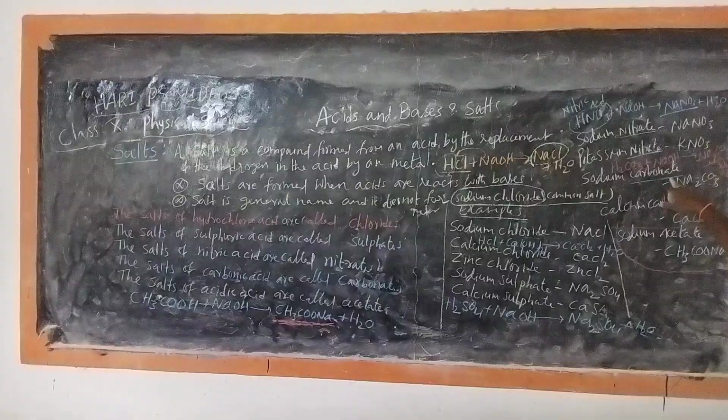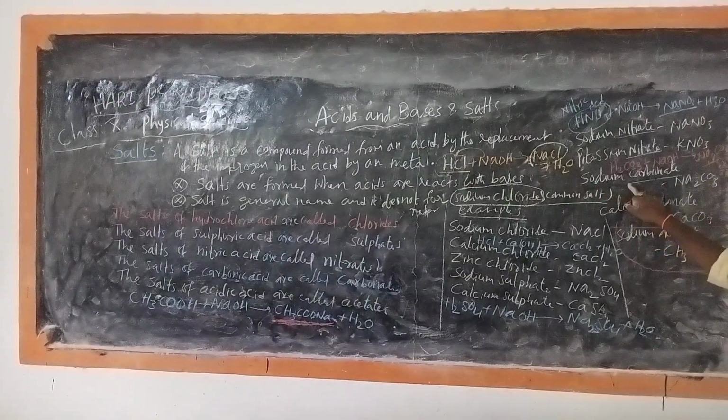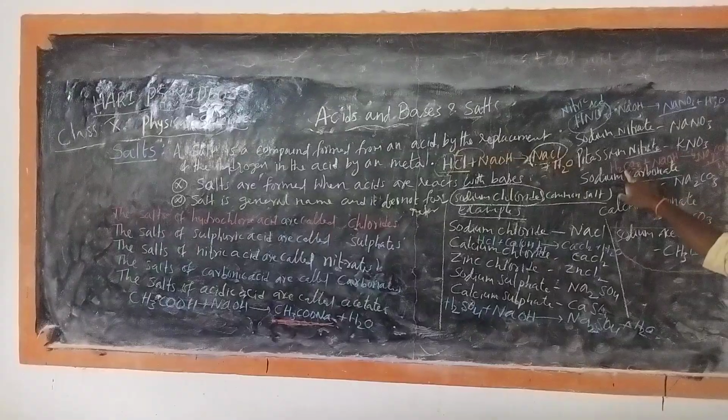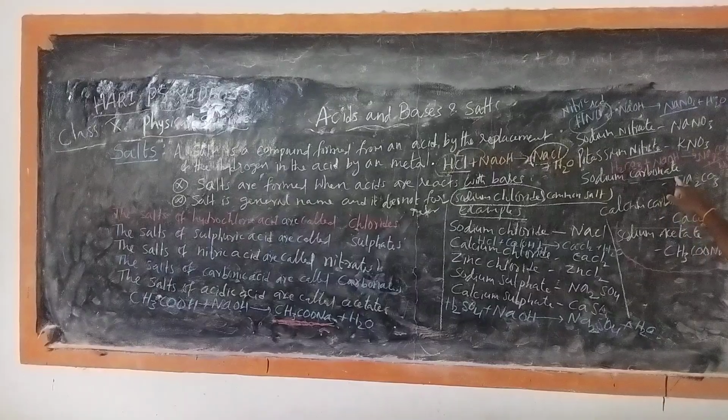Take sodium carbonate. Sodium is the first part, which refers to sodium hydroxide. Carbonate, the second part, refers to carbonic acid.